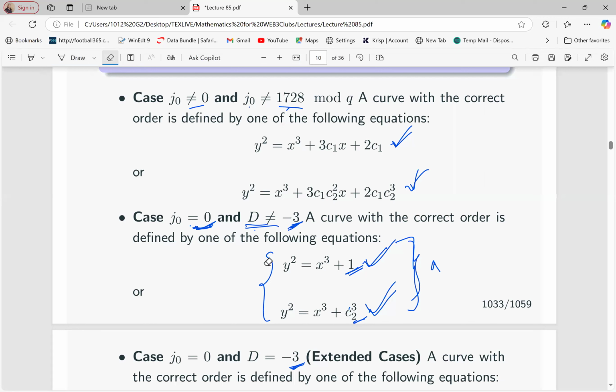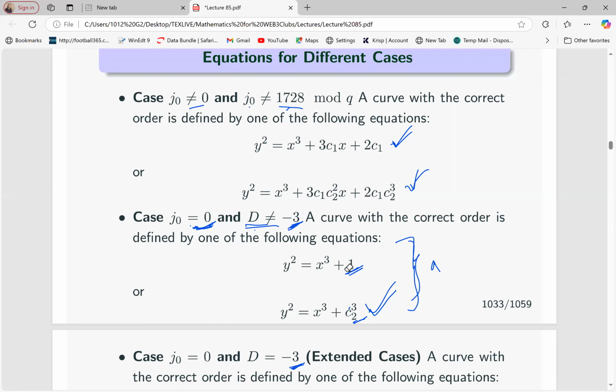You choose one of these depending on how many points you want, because these two curves would have different points. If the points you want are met by curve 1, then you choose that. If they are met by curve 2, then that's what you choose.